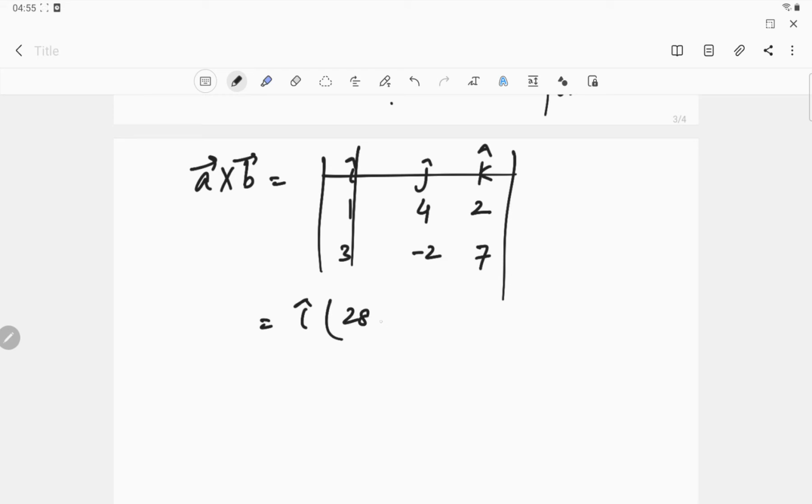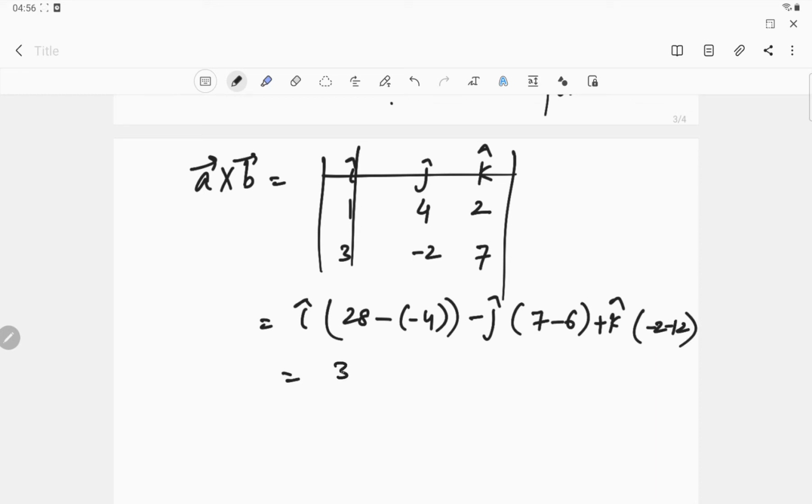So 28 minus of minus 4, minus of j cap, 7 minus of 6, plus k cap is minus 2 minus of 12. So it becomes 32 i cap minus of j cap minus of 14 k cap.